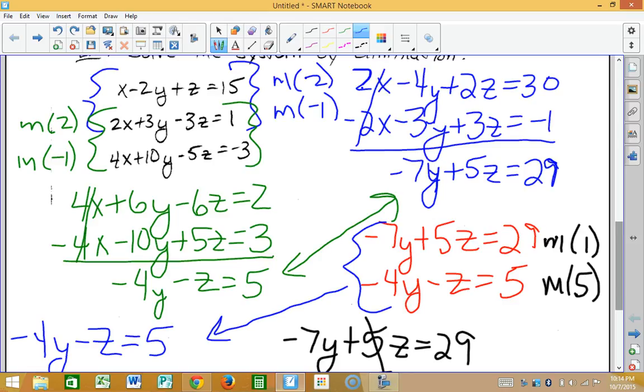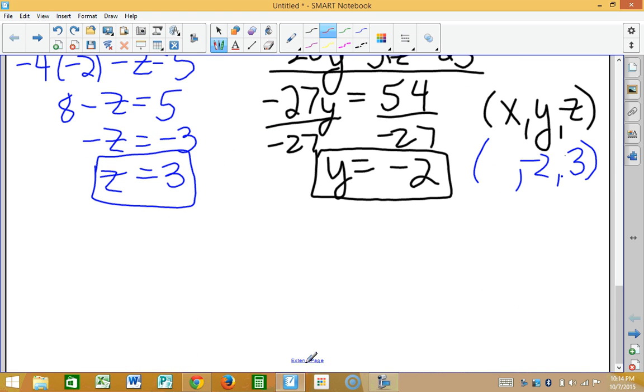I'm leaning towards this one right here. This looks like it's got pretty small numbers in it. I just have a single x, a minus 2y, and a z. I do have a 15 on the right, but I'm going to go ahead and take that down and use that to find the third.